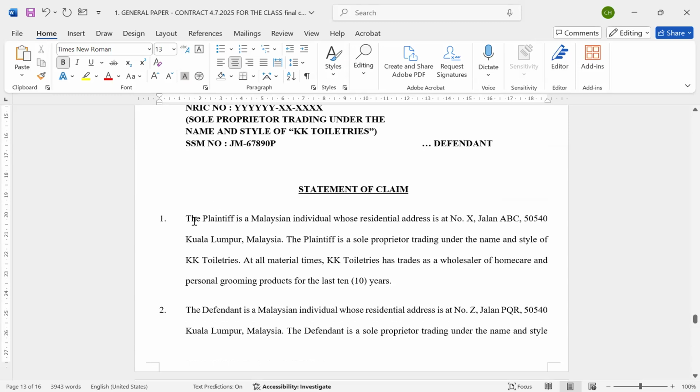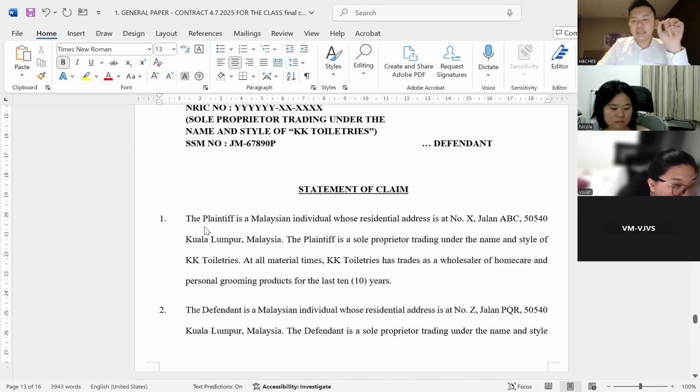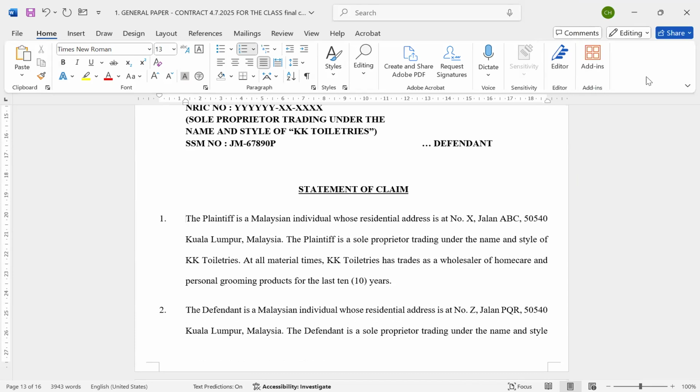After this, when you start to draft the statement of claim, you must start with numbering one first. First paragraph, introduce the parties. Very simple.